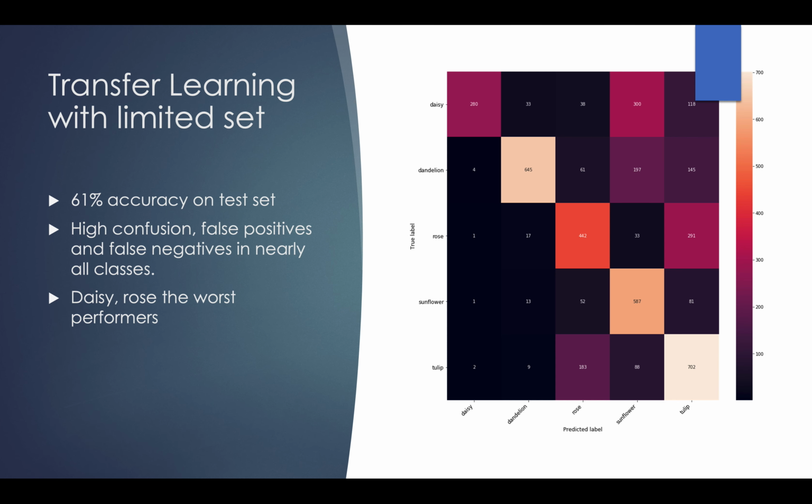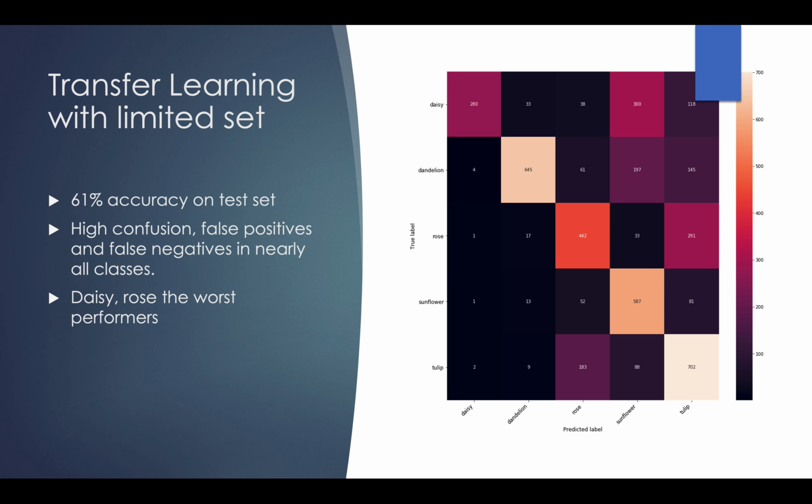For the transfer learning model with the limited data set, you can see that there's quite a bit more color here on the right in our confusion matrix, and that's because we ended up only getting an accuracy of 61% on the test set with this one. We had very high confusion on quite a few things, with a lot of false positives and false negatives in nearly every class. However, Daisy, Rose and Tulip are by far our worst performing ones.